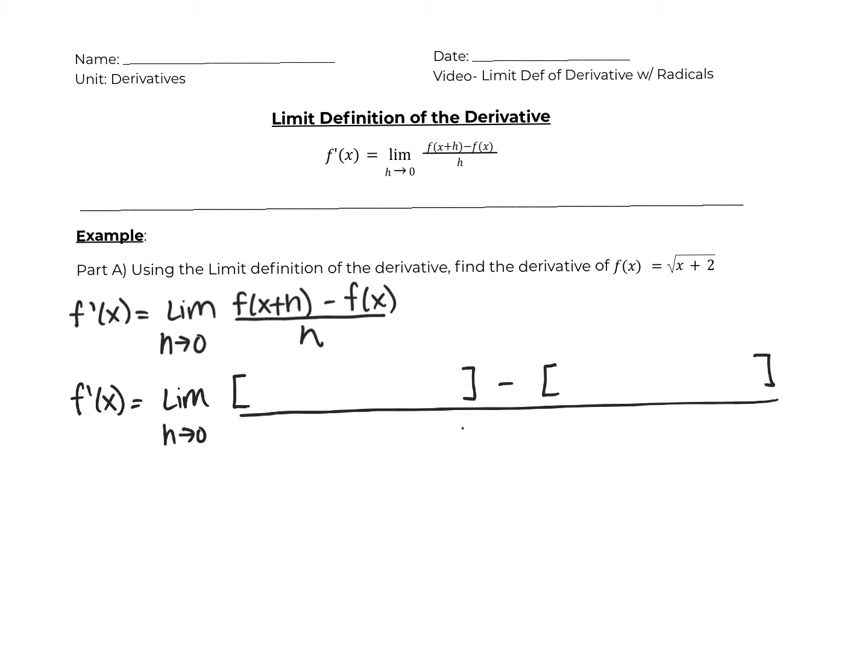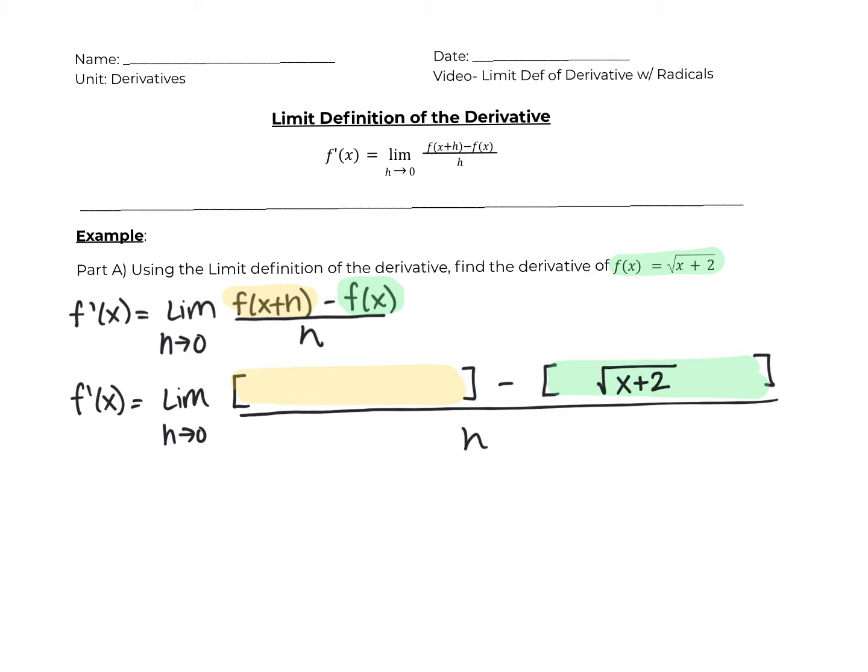all over h. So we're going to say the yellow is your f of x plus h. The green is your f of x, remembering that f of x is always your original function. So we can go ahead and put that in here. My original is x plus 2.